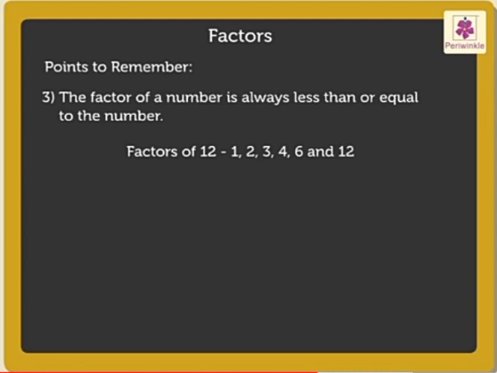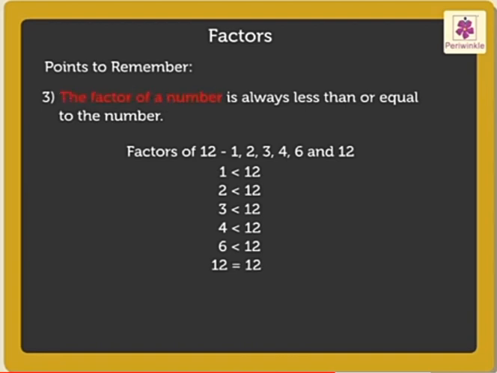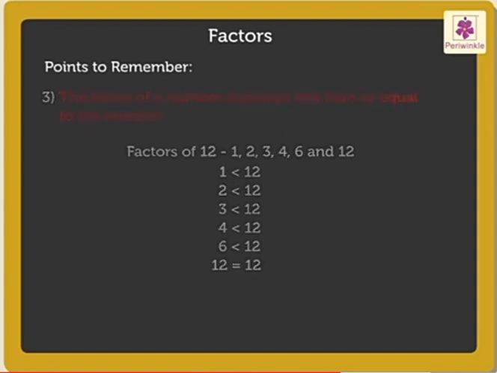Note that the factors 1, 2, 3, 4 and 6 are less than 12 and the last factor 12 is equal to 12. Thus, it shows that the factor of a number is always less than or equal to the number.